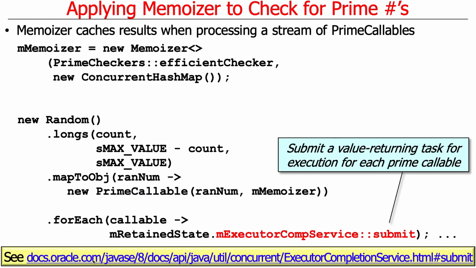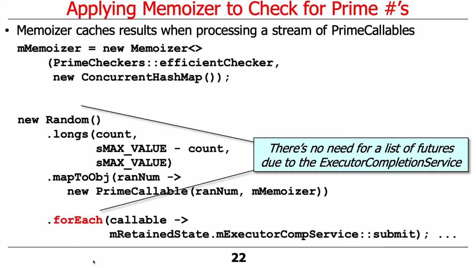We're going to submit it, and then it'll be processed in the background by some thread in the thread pool. And the cool thing about this, if you go back and look at the executor service implementation, which I think we looked at last week, you'll see that we had to store the results in a list of futures because we were using the executor service, and its submit method returns a future.